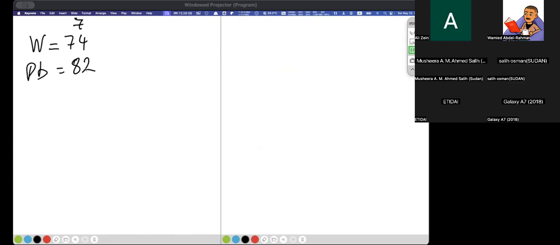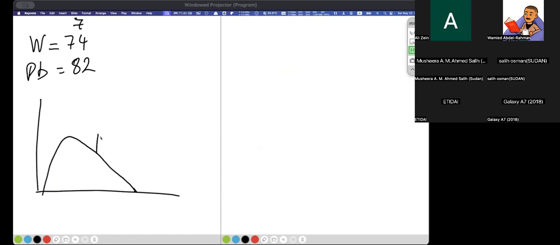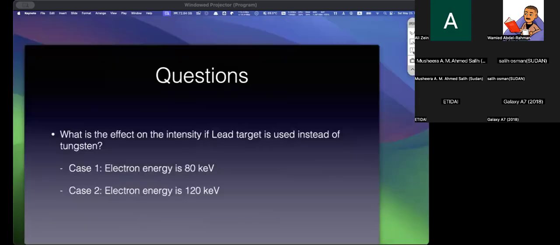So let's look at what would happen actually in the spectrum. Imagine this is tungsten. We have something like this, and then we have these. So this is 80 keV. The first problem, I think, was 80 keV, if I'm not mistaken.